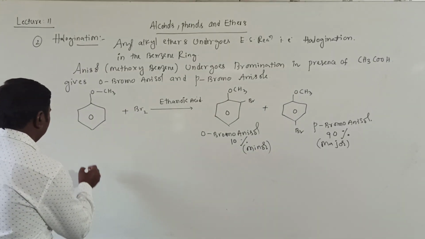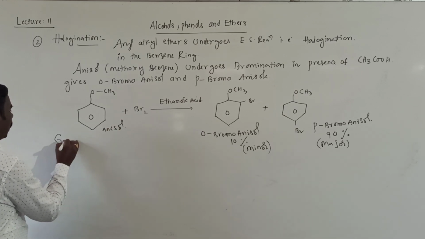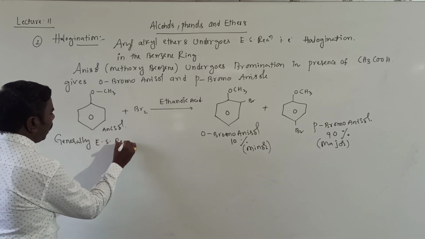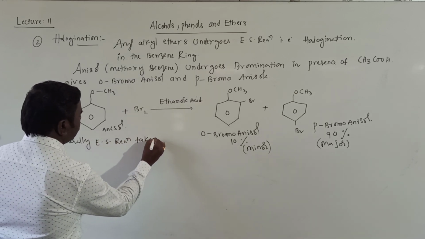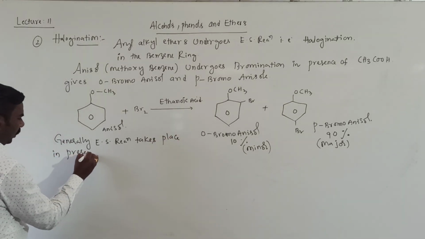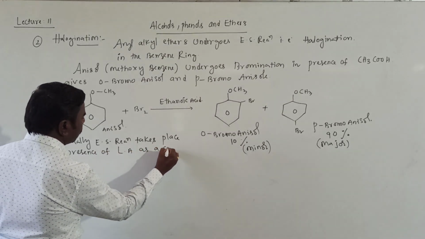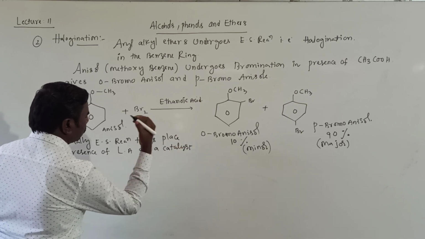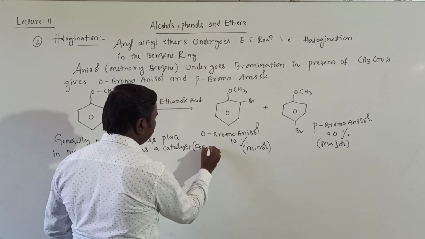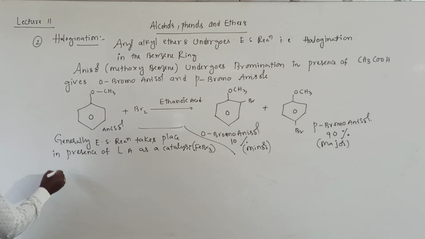I will write that information. Generally, electrophilic substitution reaction takes place in the presence of a Lewis acid as a catalyst. The Lewis acid actually used here is FeBr3.